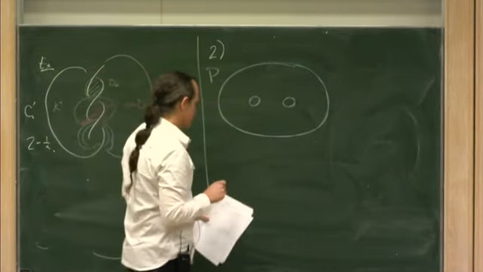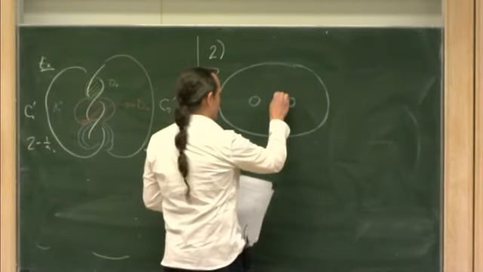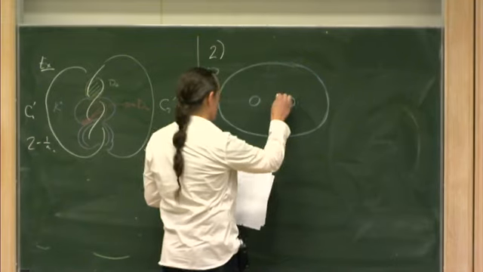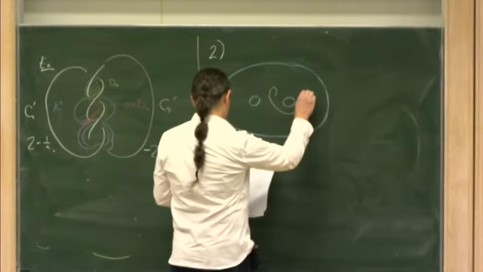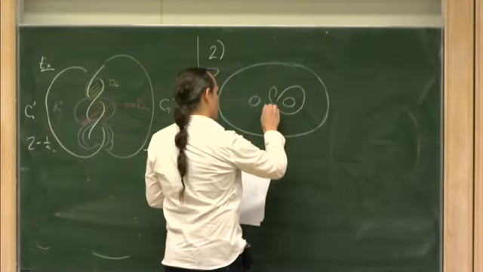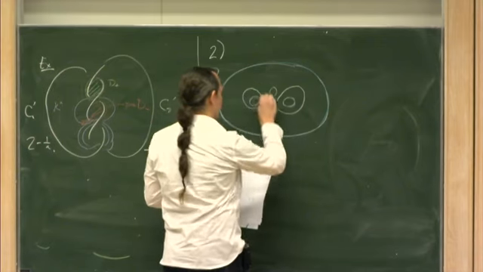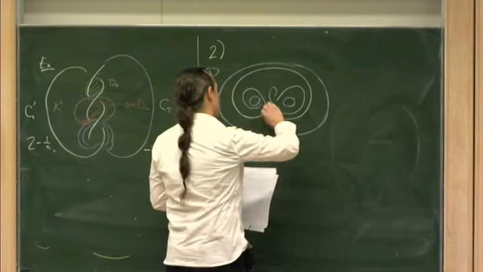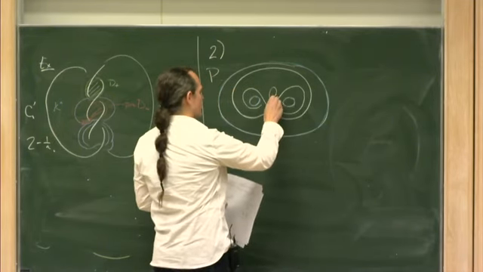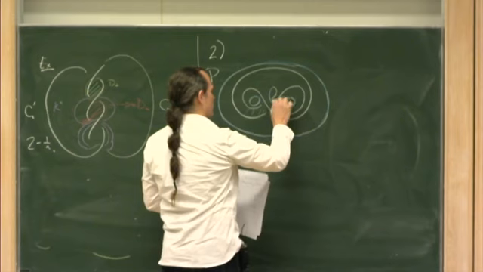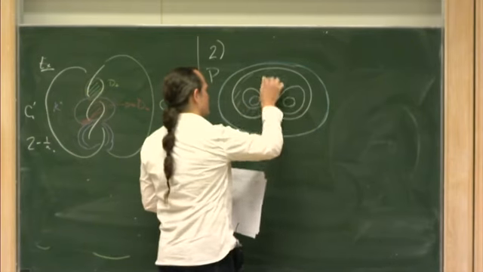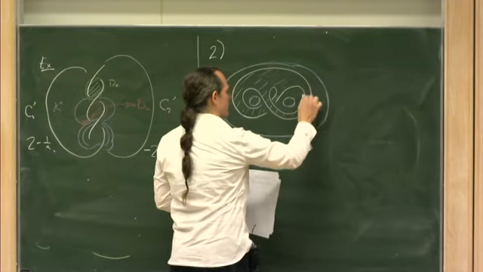And inside this pair of pants, we have a punctured torus. So let's see, and then I'll do something like that. All right, so here's a once punctured torus T sitting inside this pair of pants.